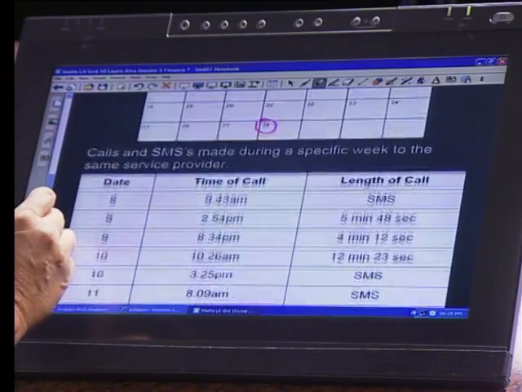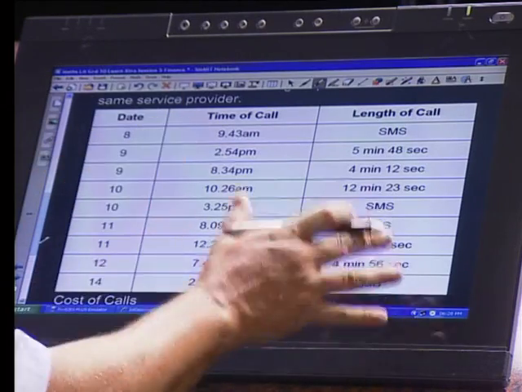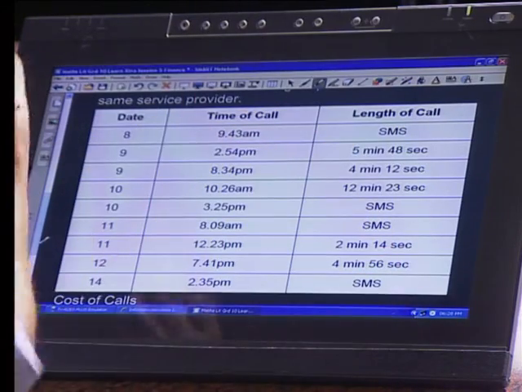Now, looking further on, there are a whole lot of calls that are made and SMSs. So this is like a bill I'm getting from my cell phone provider, whichever one it is. Okay? And they've given me an account. And this is the breakdown of the account. Now, the time interval is from the 8th of that month all the way through to the 14th.